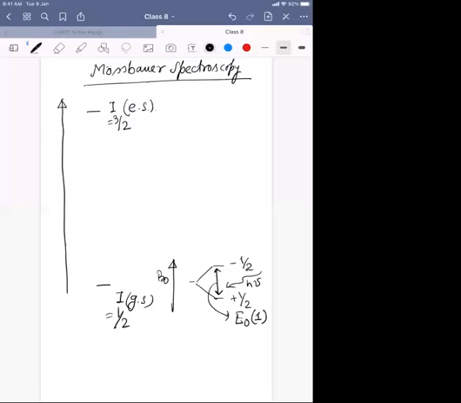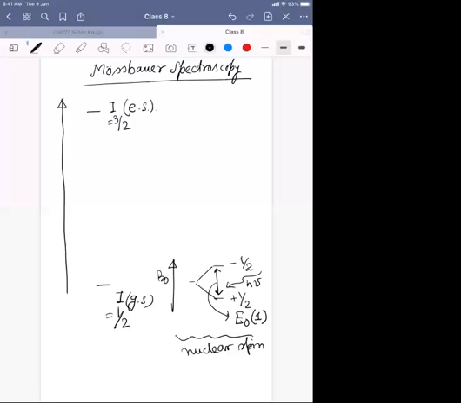But what is actually changing over here? It is only the nuclear spin, which is flipping from plus half to minus half. And why are plus half and minus half different? That is because of the presence of the magnetic field. If I turn off the magnetic field, I won't see this difference and I won't see any signal.